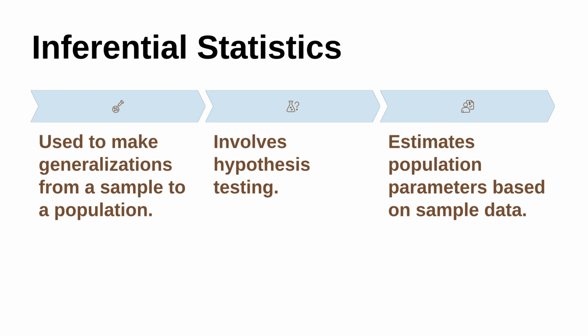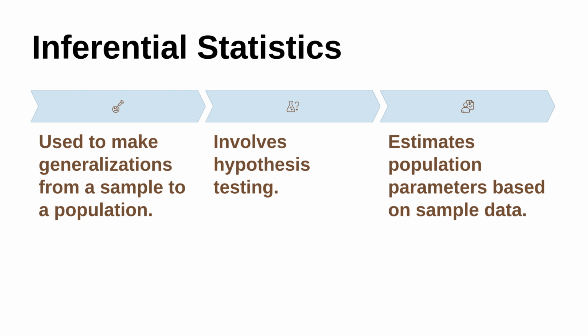It involves hypothesis testing, that is, checking if observed results are due to chance or a real effect. For instance, if a new nursing intervention reduces anxiety scores, inferential statistics help determine if that reduction is statistically significant.